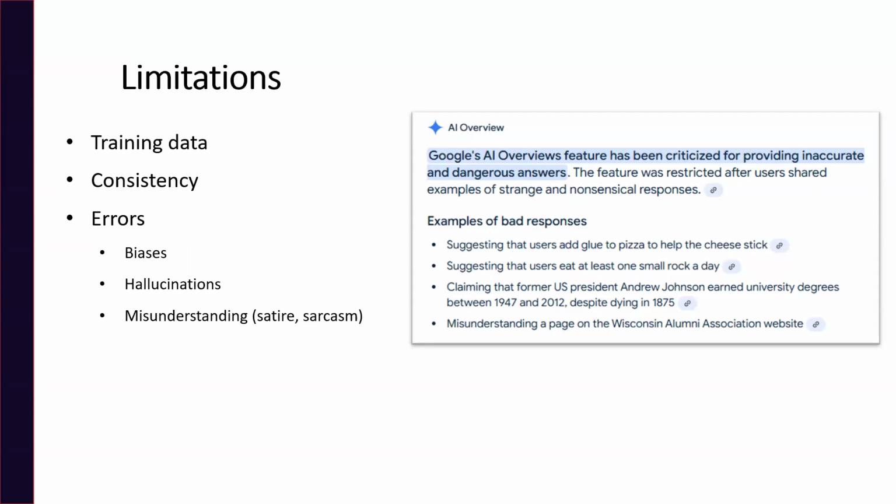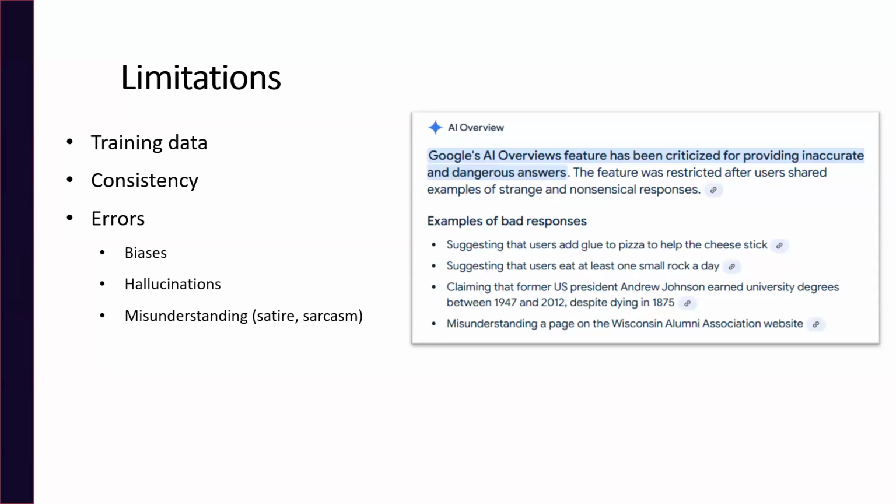So this page was something that an AI tool was being trained on. When somebody entered a prompt about Andrew Johnson, the tool misunderstood what that page was saying, and instead of saying several people named Andrew Johnson attended the University of Wisconsin and earned a degree, it said that the actual US President Andrew Johnson earned several university degrees, decades after he died.